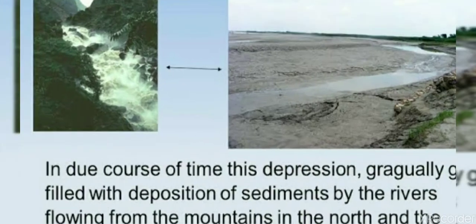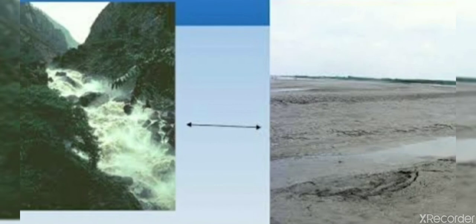Actually, the Himalaya uplifted out of the Tethys, and subsidence, meaning gradual sinking of an area of land, on the northern flanks of the peninsular plateau resulted in the formation of a large basin. When the Himalaya was formed, we can imagine that this part is Himalaya and this part is peninsula.